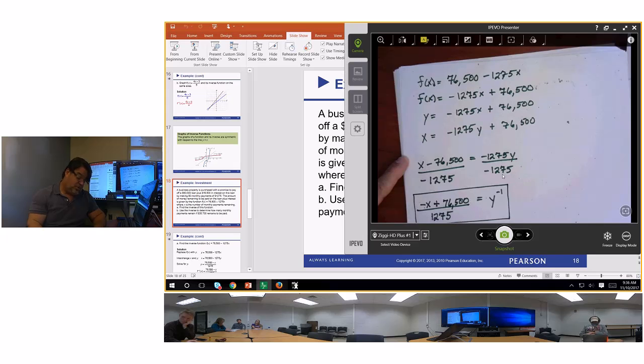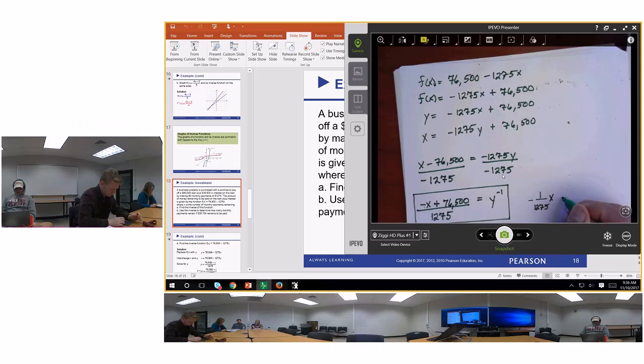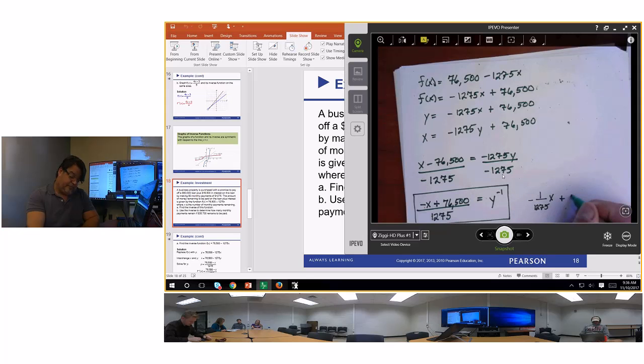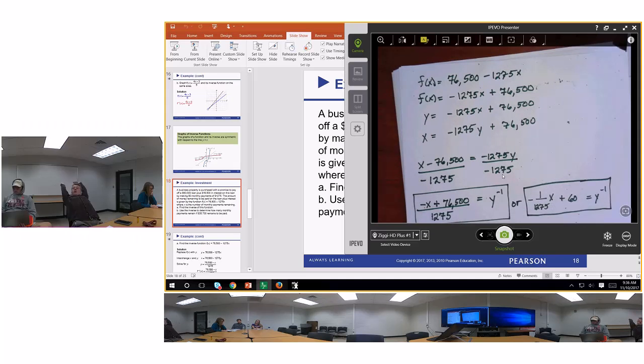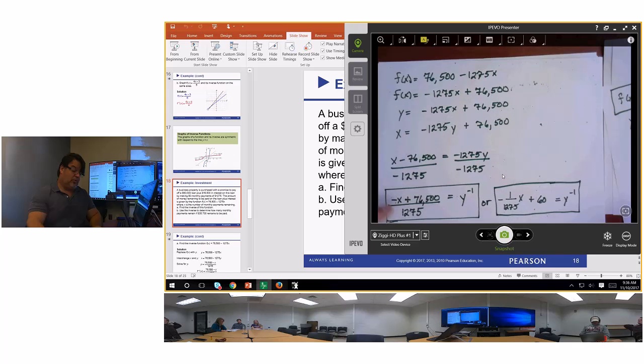And like you said, you could rewrite that as negative 1 over 1275 x plus what? 60, yeah. Equals y to the negative 1. You could write it like that. And you could graph those two and find out where they intersect, but they don't really care about that.